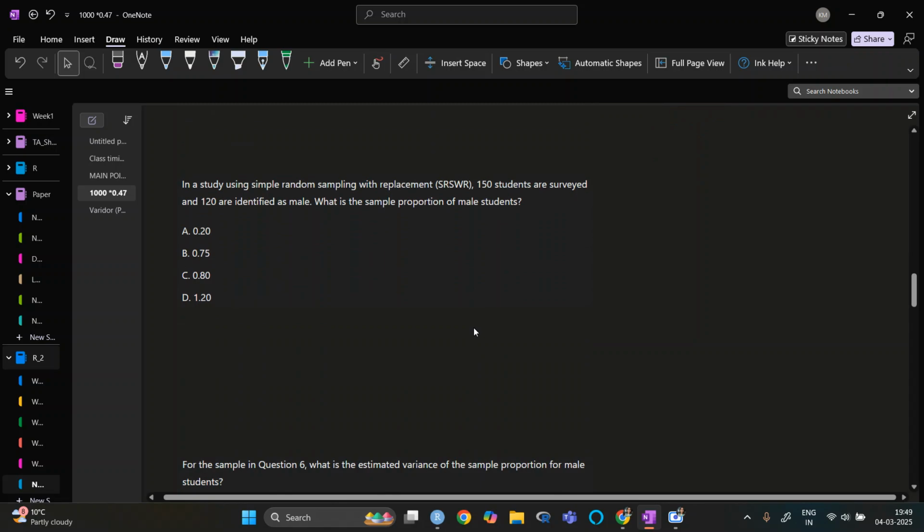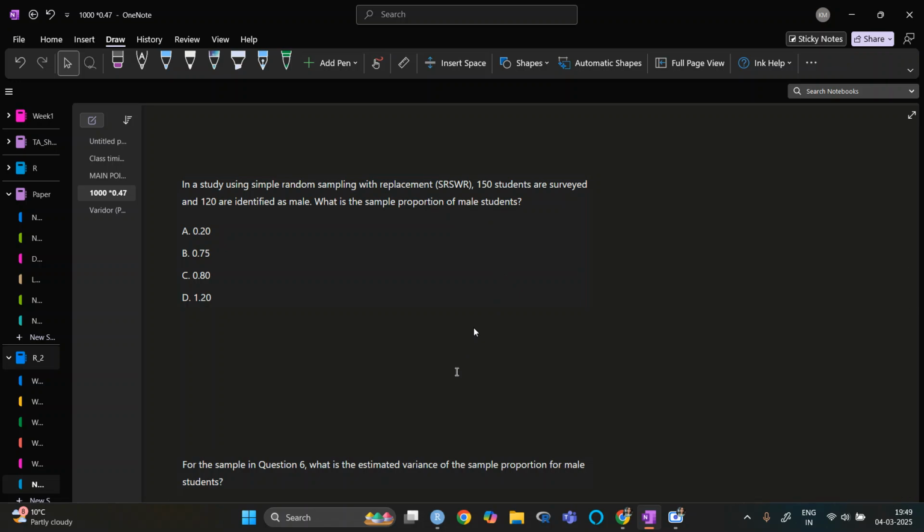The next question is: in a study using simple random sampling with replacement, 150 students are surveyed and 120 are male. What is the sample proportion of male students? Whether it is SRSWR, with replacement, or without replacement, it doesn't matter.